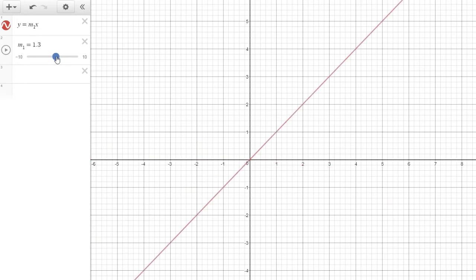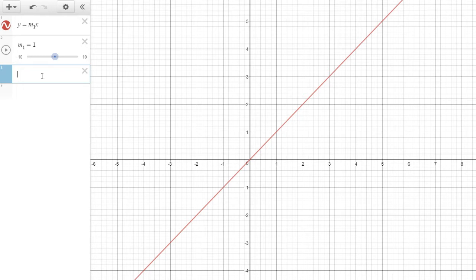So let's get that back up to 1. Now if what we said is right, if you multiply both the gradients m1 and say another gradient m2, then if the lines are going to be sitting perpendicular, m1 times m2 would be equal to minus 1.